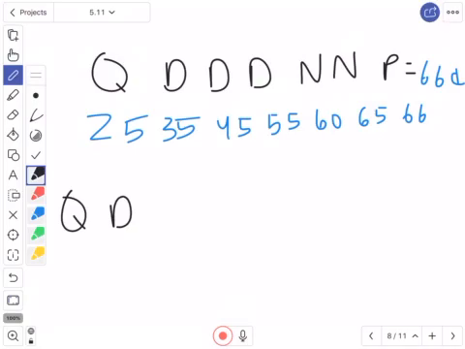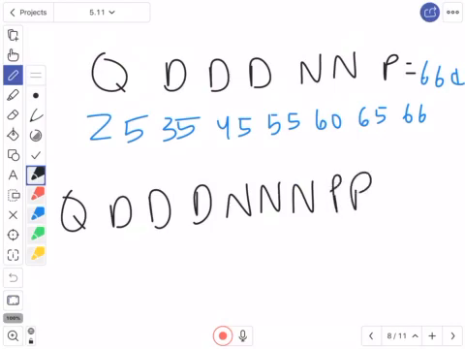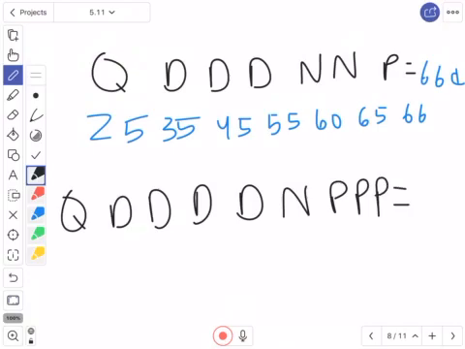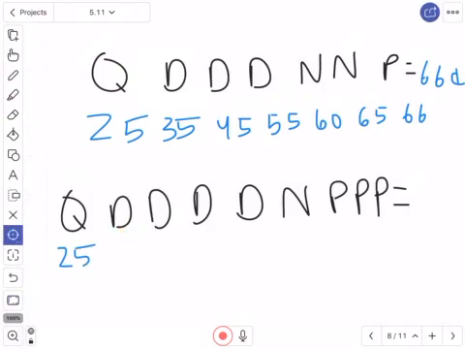I'm going to do one more. Quarter, dime, dime, dime, nickel, nickel, nickel, penny, penny. No, change, that's too close to the last one. One more dime, 1 nickel, penny, penny, penny. Okay. So quarters 25, and then dimes are 10.